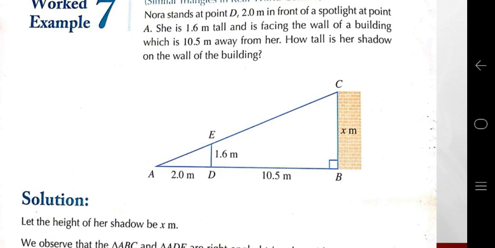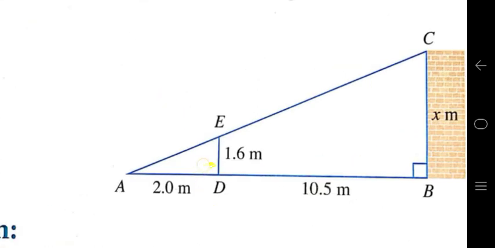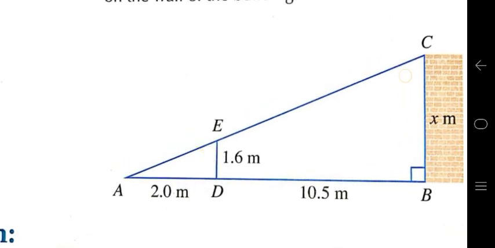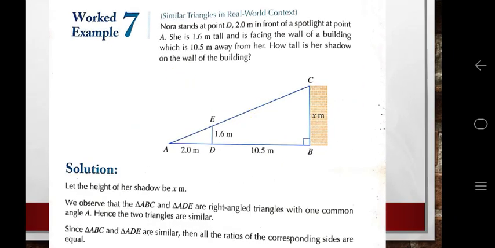Now this angle is 90 degrees, same as this one. That means this angle is also the same as this angle. Because the three angles are the same, they are similar. Yeah, the explanation of the textbook is this one.